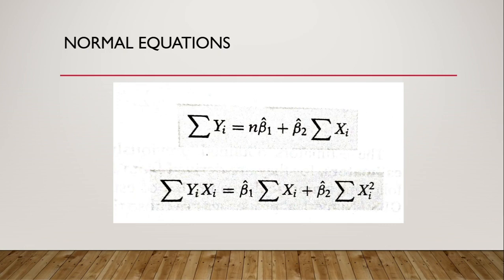These are the two normal equations. We have two equations and two unknowns, beta 1 hat and beta 2 hat. So we have to solve these equations to obtain the unknowns.